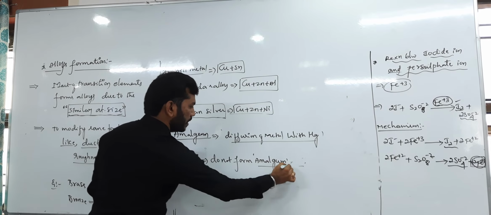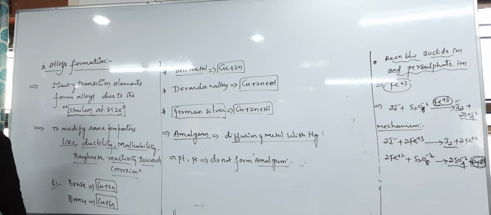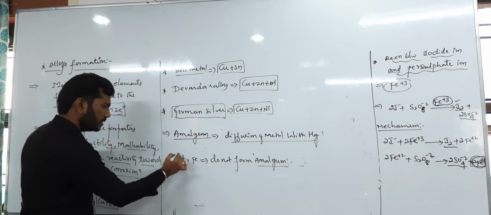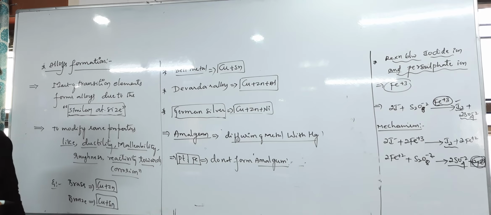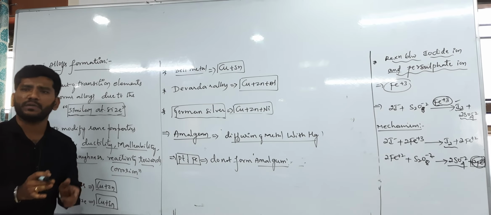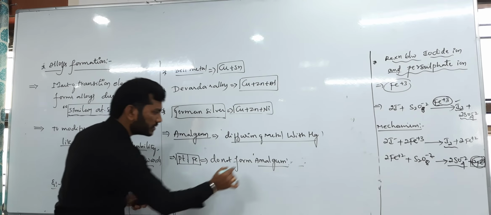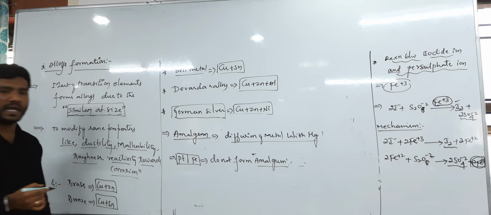These two particular transition metals do not form amalgam. Why? Because they do not diffuse into mercury, hence they will not form amalgam of platinum and iron.